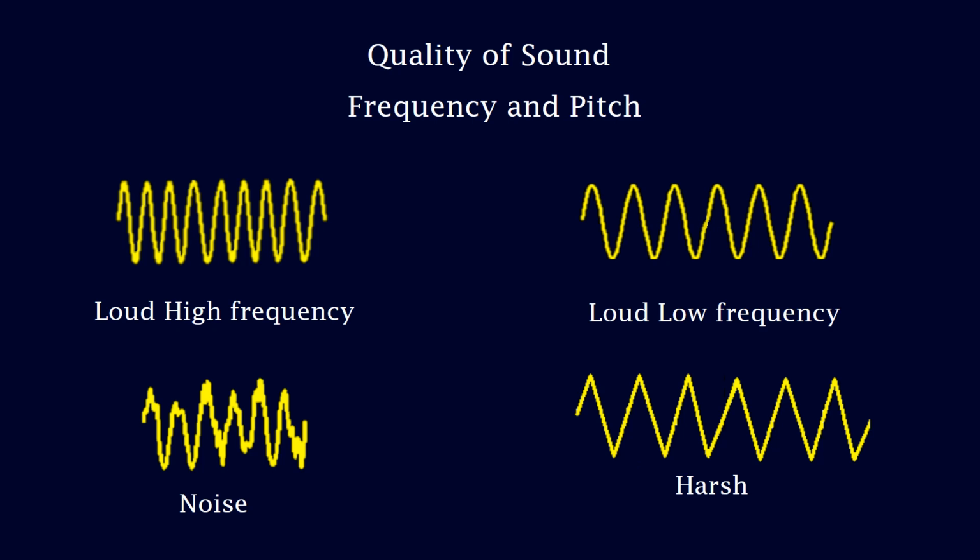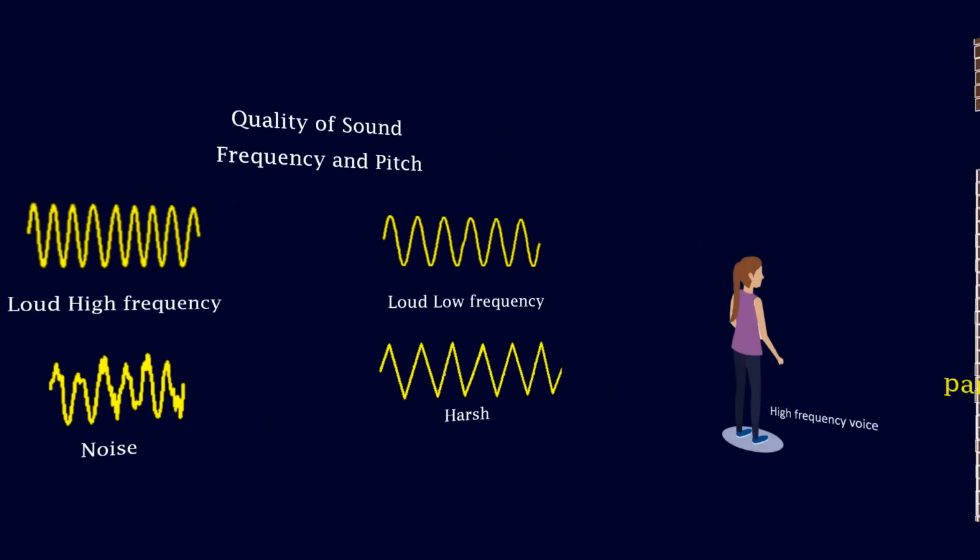In contrast to frequency, which is objective, pitch is subjective and perceived by our ears. Higher frequencies generally mean higher pitches, while lower frequencies result in lower pitches. What makes this intriguing is that pitch perception goes beyond just frequency and can be influenced by various factors.